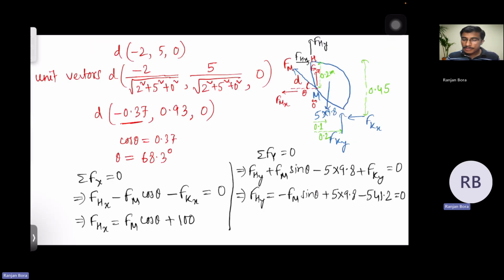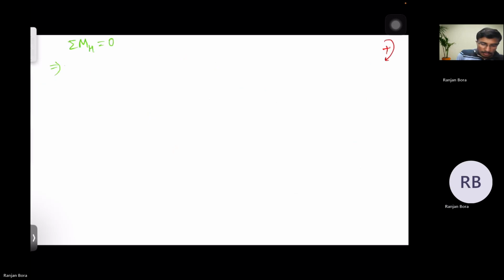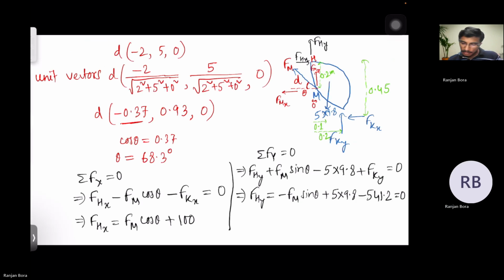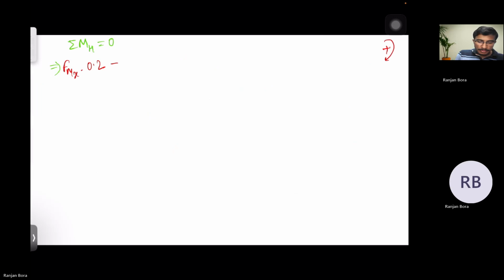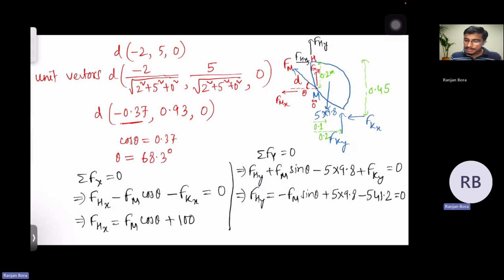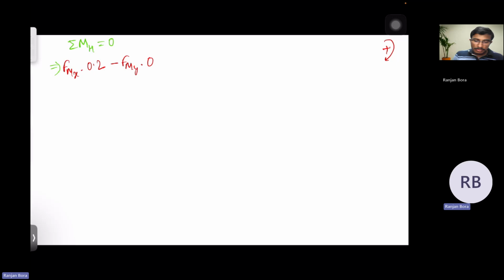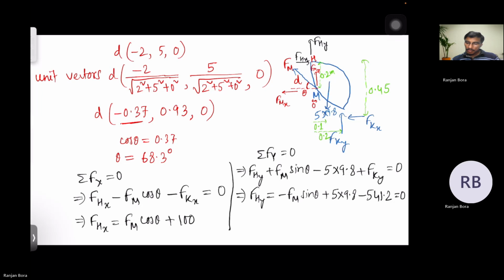Fmx produces a clockwise moment, so Fmx dot 0.2. For Fmy, the moment arm is 0, so it will not produce any moment: Fmy dot 0. Then 5 into 9.8 produces a clockwise moment, so plus 5 cross 9.8 cross 0.1.